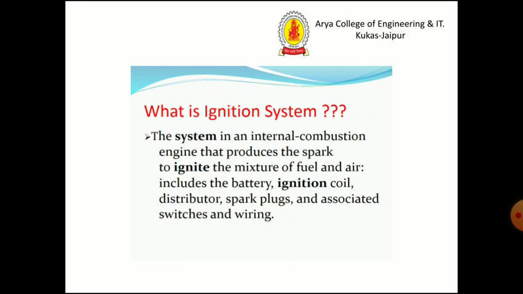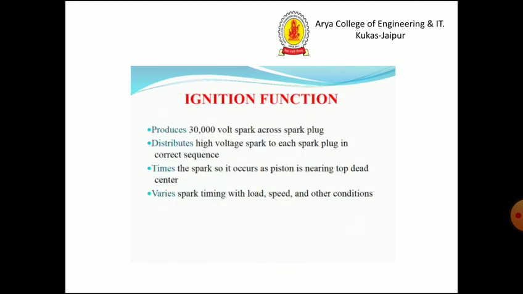The system in an internal combustion engine that produces the spark to ignite the mixture of fuel and air, including the battery, ignition coil, distributor, spark plugs, and associated switches and wiring, is known as the ignition system.